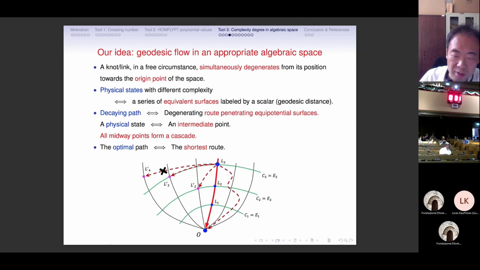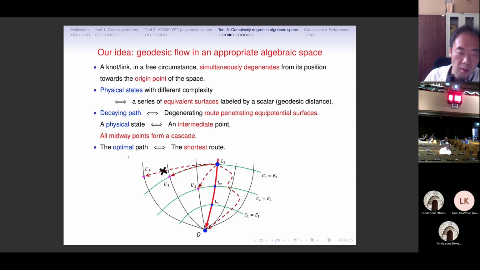For example, this one is a knot point. This is the origin, and all the green lines just indicate the equipotential surfaces. The degeneration procedure from here to here corresponds to a line penetrating those surfaces, right?